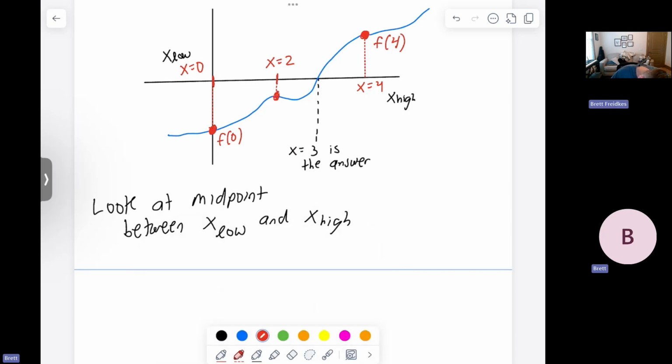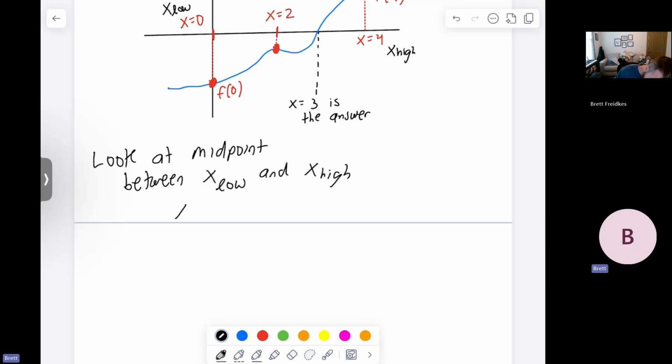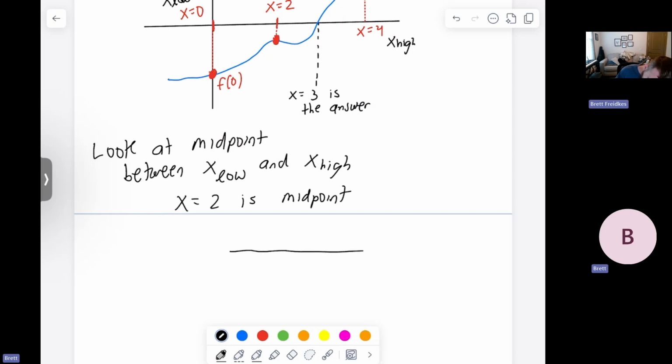And if I do that, what we see now is that there's a sign associated with this new point. So for this example, x equals 2 is the midpoint. And let's say I just draw a number line here: 0, 4, and 2.